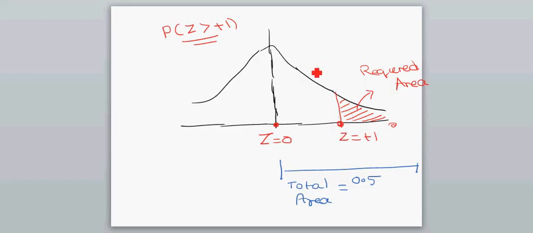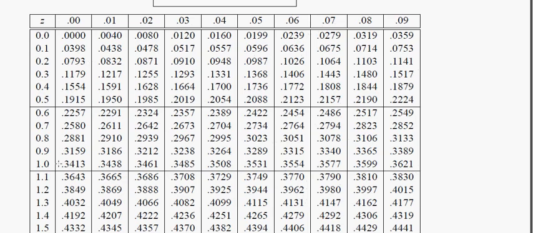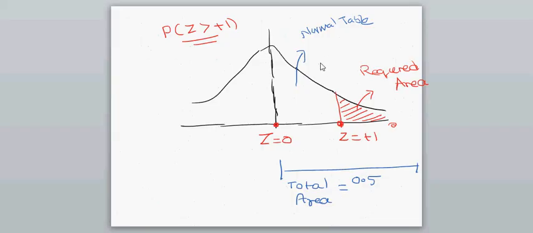If I know the portion from 0 to 1, I can subtract it from 0.5. From the normal distribution table, the area from 0 to 1 is 0.3413.